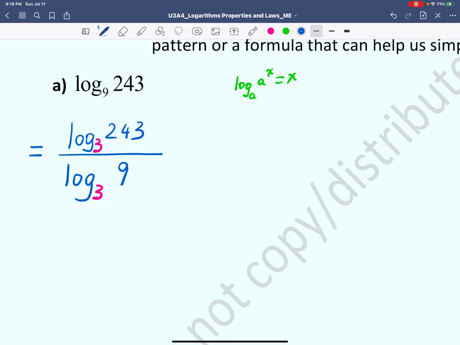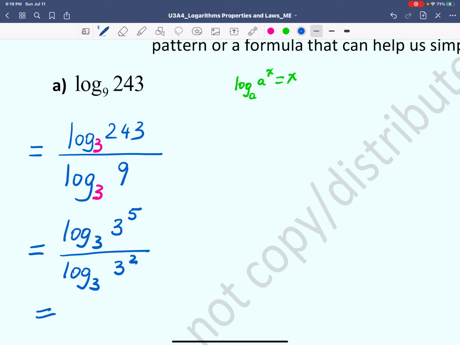And now it's time to work on the numbers inside the log. So we have log with base 3 of, I know that 3 to the power 3 is 27, to the power of 4, 81, and to the power of 5, 243. So 3 to the power of 5, and log with base 3 of 9 will be 3 squared.